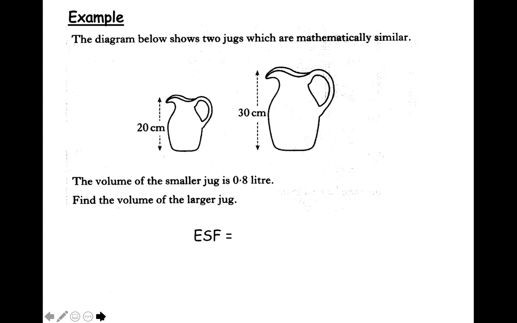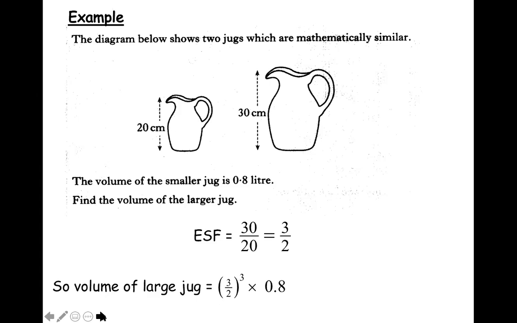30 divided by 20, which is 3/2, 1.5. So we do (3/2) cubed times 0.8 liters. And that gives me 27 divided by 8 times 0.8. So 0.8 divided by 8 is the same as 8 divided by 80, or 0.1, then you get your 2.7.